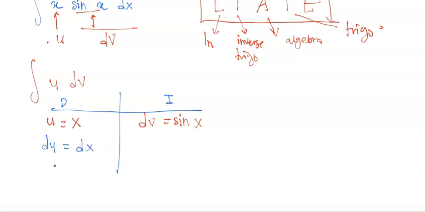So I just move dx over here, and it becomes du equals dx. For the right side, you have to integrate to get v. So you integrate sin x, and you get minus cos x. Okay, no need to put c yet. We're going to put c after we finish everything.